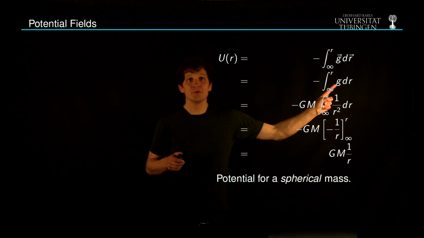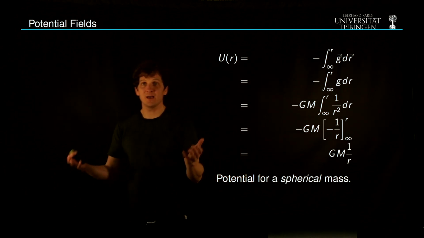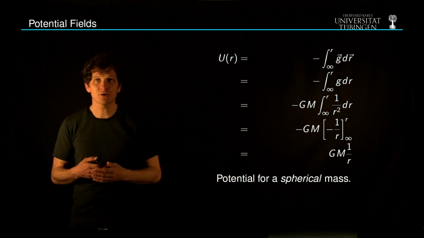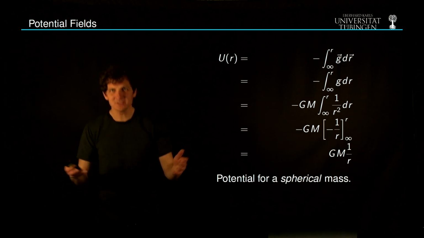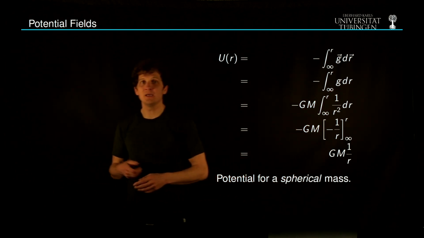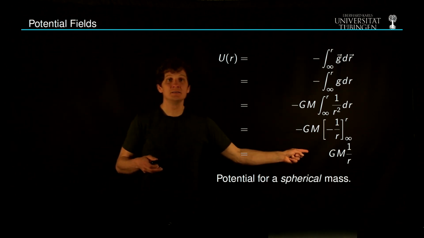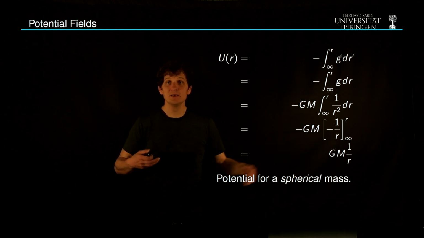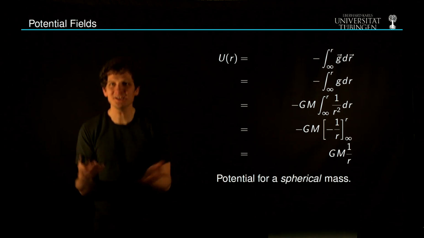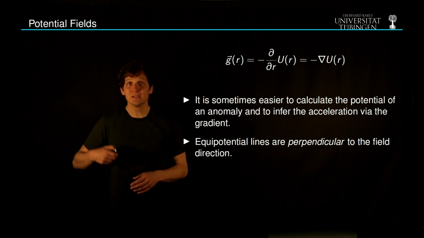And then I can replace the well-known expression 1 over r squared that we have derived previously for our acceleration, and then the integration turns the 1 over r squared dependency into a 1 over r dependency, and this is a scalar quantity and it corresponds to the potential field of a spherical test mass.